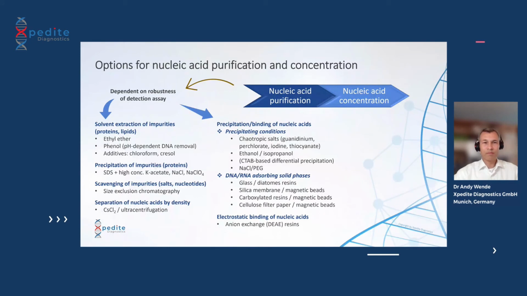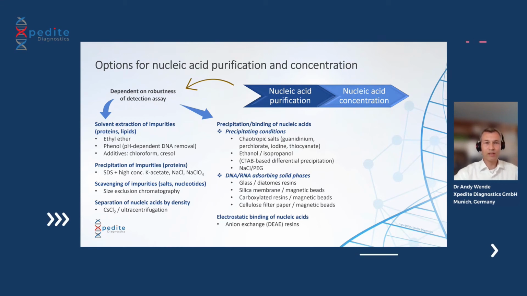Another way of providing these precipitation conditions is the addition of ethanol or isopropanol, meaning alcohols, or high concentration of sodium chloride and PEG, polyethylene glycol. This depends a little bit on what solid support you want to use for binding the nucleic acids, and there you also have certain possibilities. One would be glass or diatomaceous resins as a solid support.